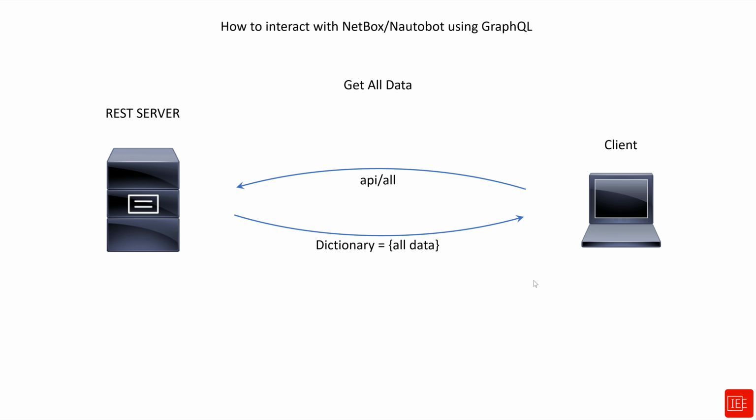And also, if you have loads of data in NetBox, please be aware that the problem with this is the amount of data sent from the server to the client is extremely high. So you might cause network performance degradation, not to mention the client might not be able to process all the data. And in the worst case scenario, it might even kill the client. All of this because you want to get some of the data from the server. So I wouldn't really recommend this approach.